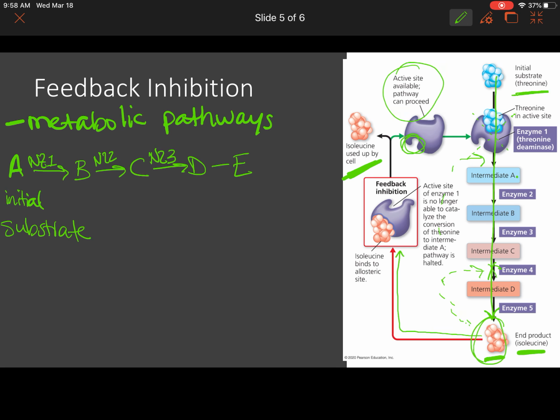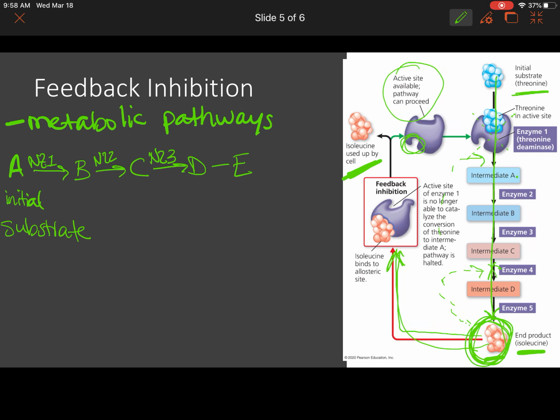So when the cell has enough of the product of the pathway, it's going to feed back and shut that pathway down through allosteric regulation.